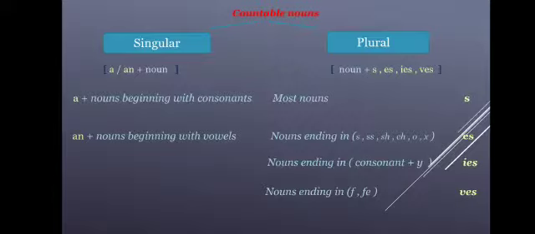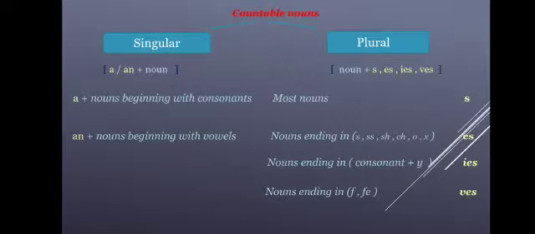Of course, we have 5 vowels in English: A, E, I, O, U. So if the noun begins with A, E, I, O, or U, we put before the noun an to make it singular. But any other letter at the beginning of the word, we use a. A cat. But I say an owl, an orange.